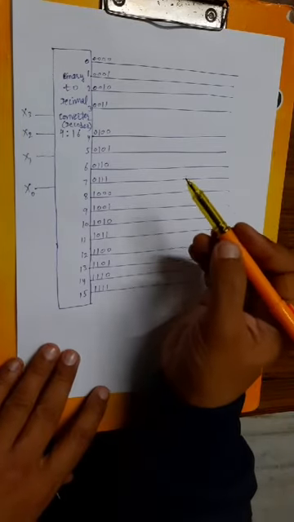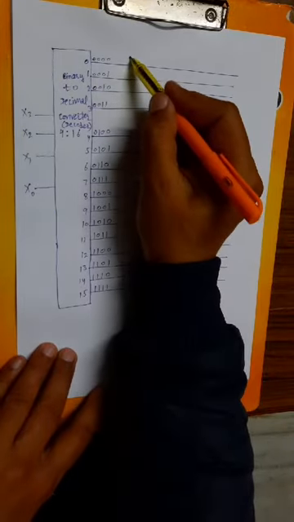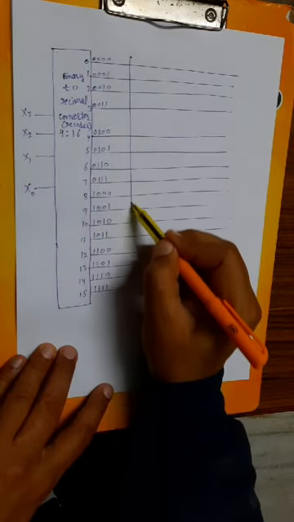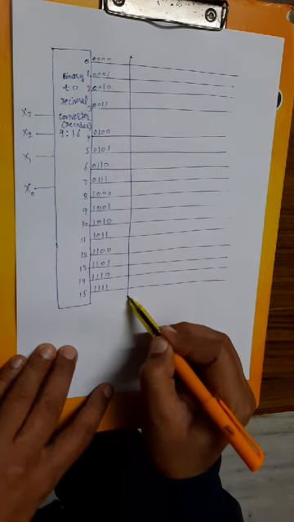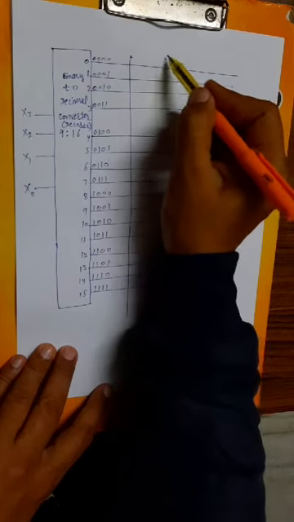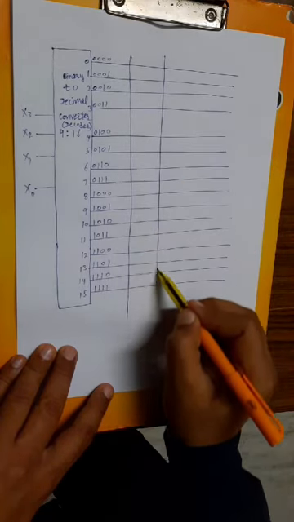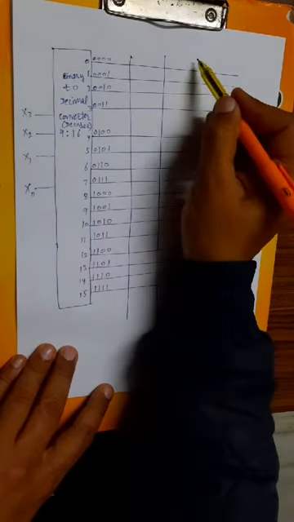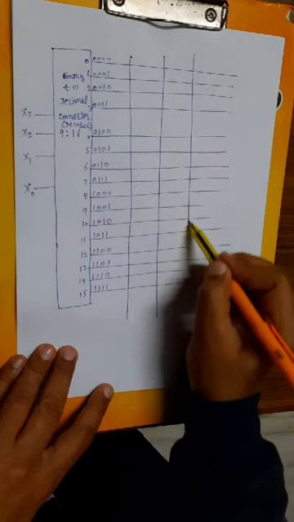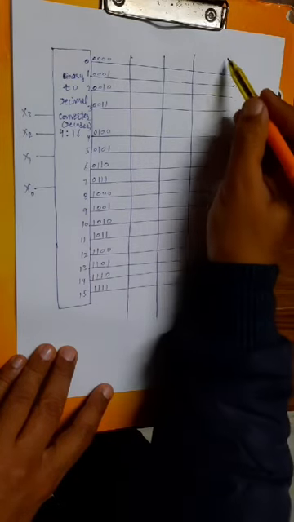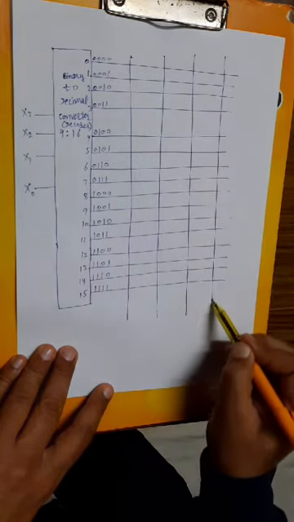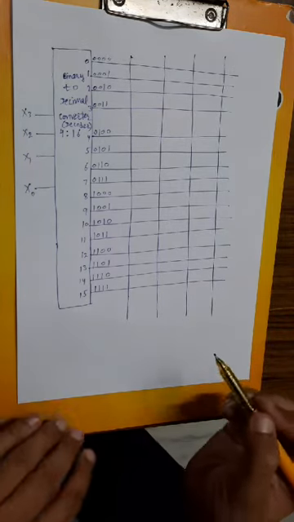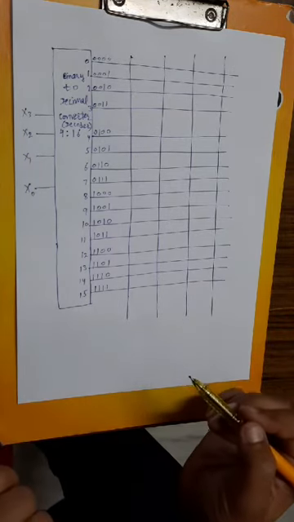So now we draw the output lines, because gray codes also are of 4 bits. So 4 output lines we have drawn.